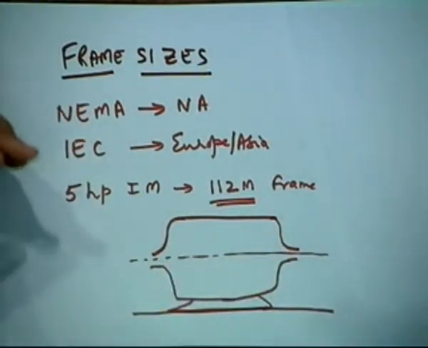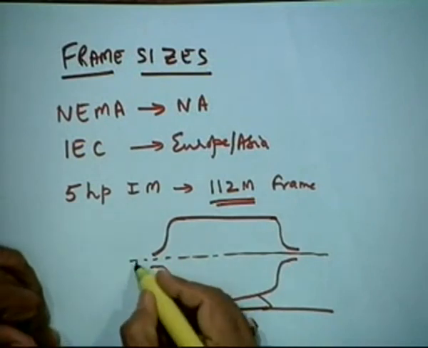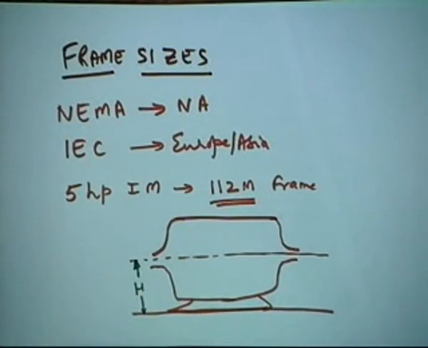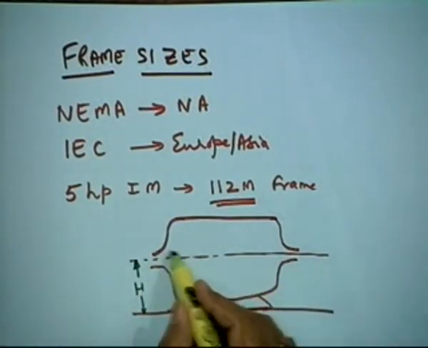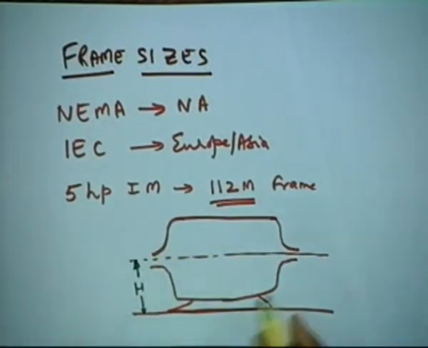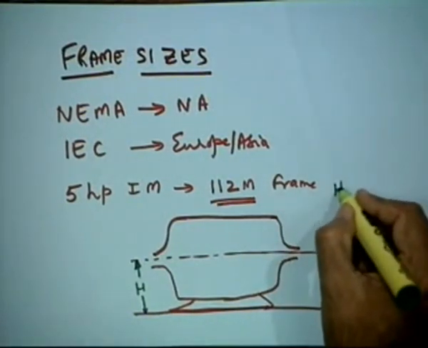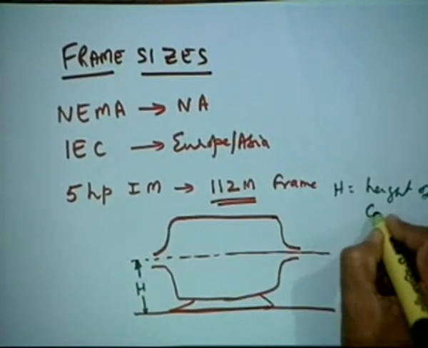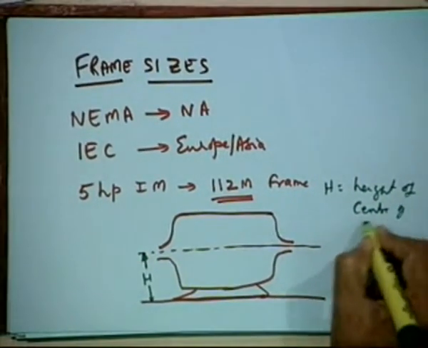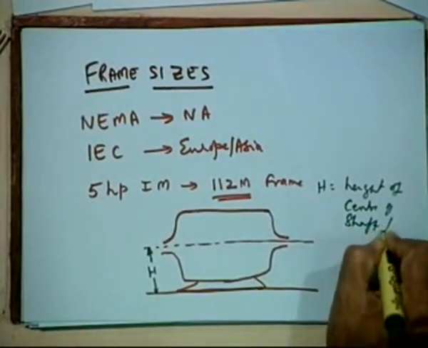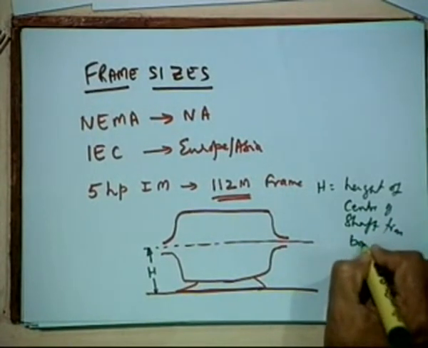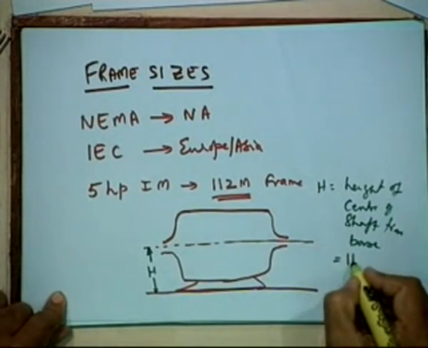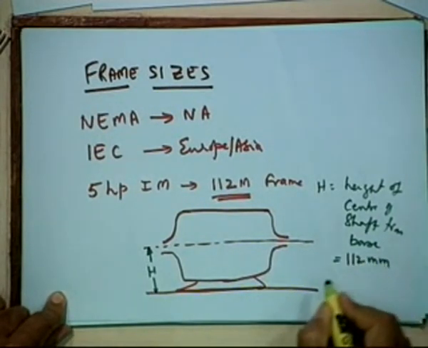And there is this height H. What does this height indicate? H is the height of the center of the shaft from the base. In this case, this is 112 mm, right?